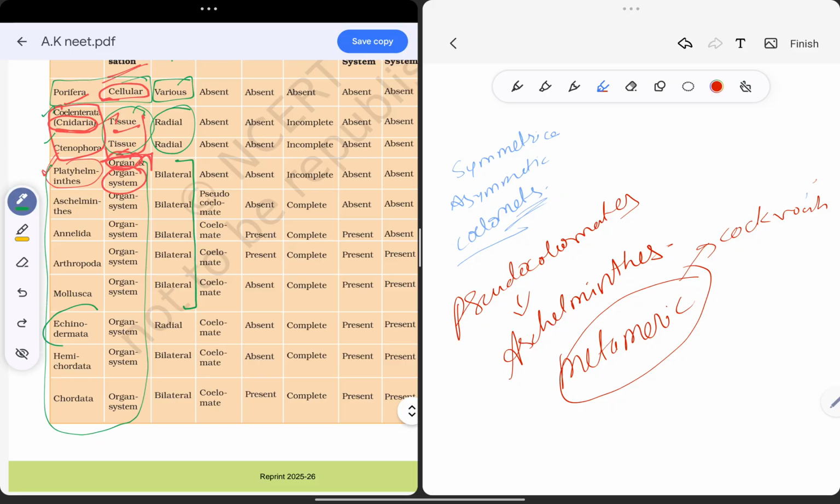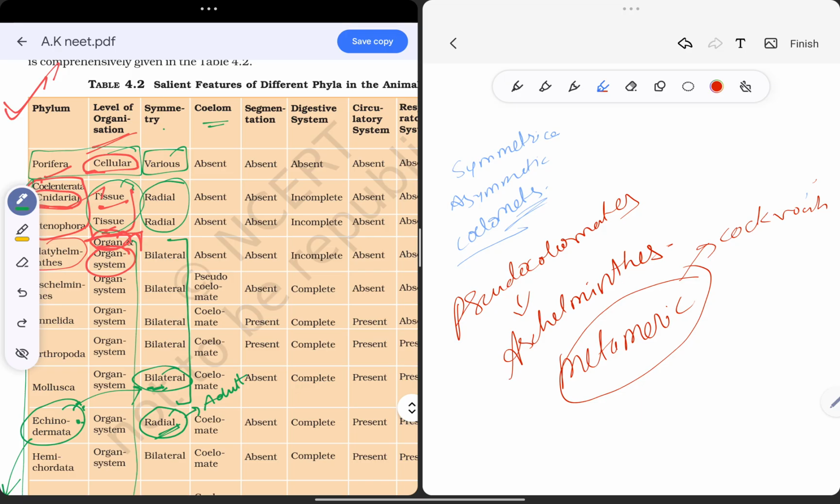Echinodermata actually has radial symmetry in the adult stage and bilateral symmetry in the larval stage. For Echinodermata, consider bilateral symmetry if they mention the larval stage, and if they don't mention it, also consider bilateral. Only in the adult stage do you have radial symmetry. Next is Hemichordata, which is also bilateral. Even the chordates are bilateral.